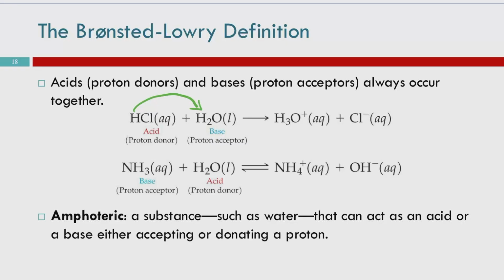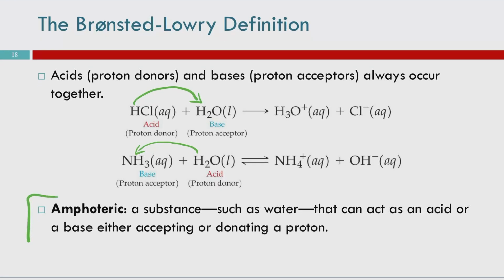In our second example, it donated a proton to our ammonia, our NH3. So water can act as both an acid and a base, and we call that amphoteric. Water is not the only one that can do it, but that's our kind of poster child for an amphoteric substance.